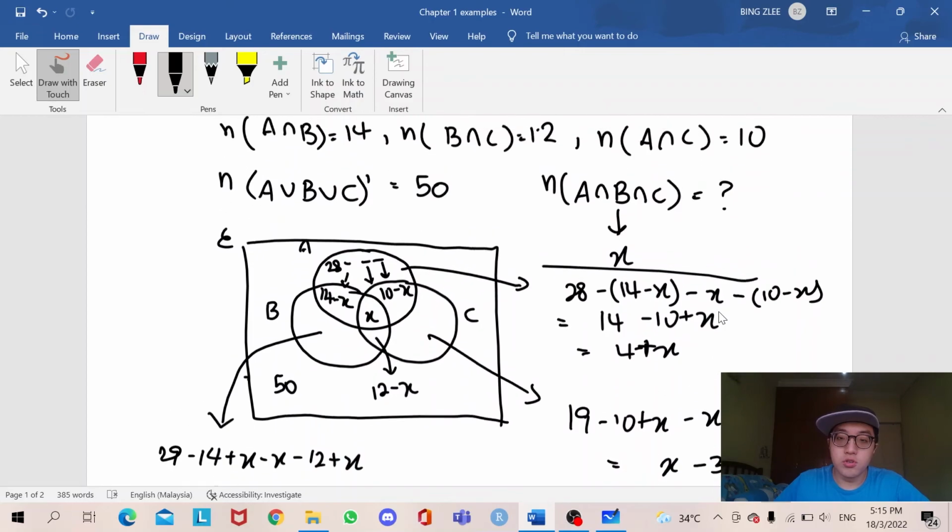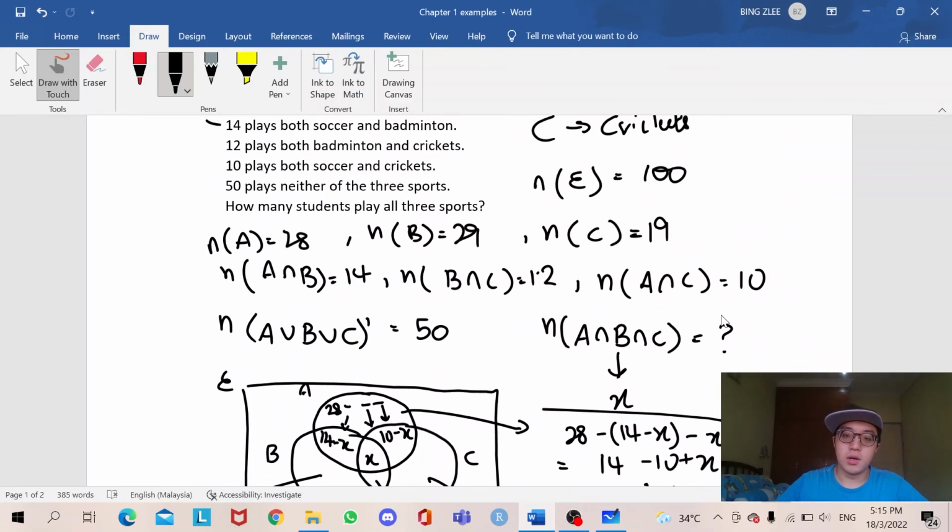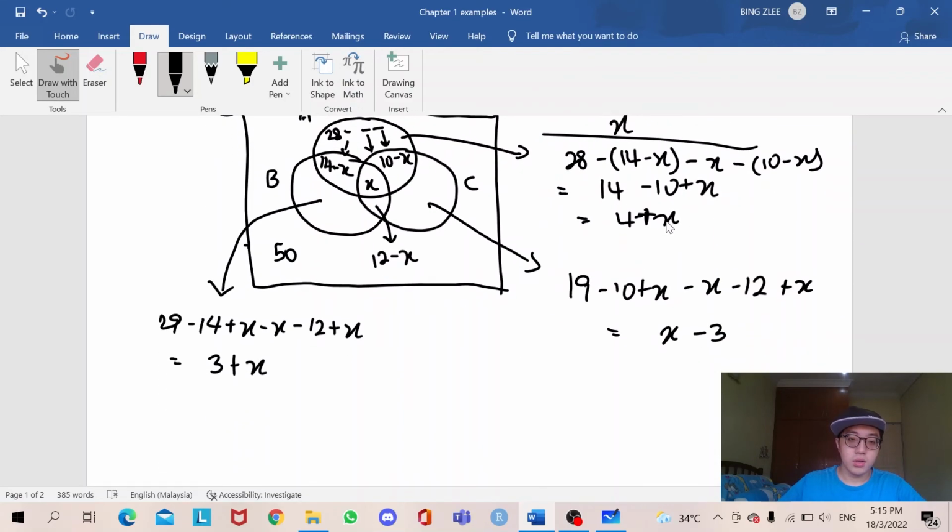All right. So after you have got every single thing here, you will now make use of the information of the universal set. We know from the beginning that the universal amount is equal to 100. So everything inside this Venn diagram here is equal to 100. We will list out every single thing we get here.